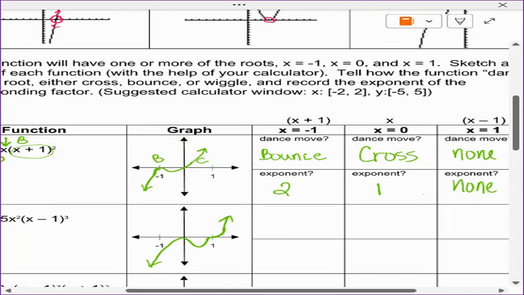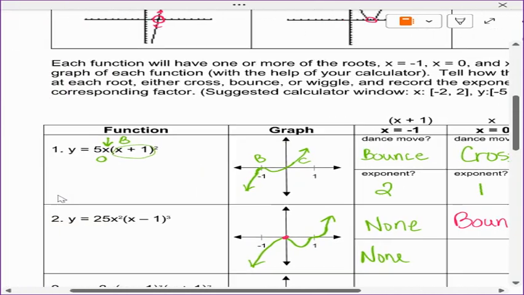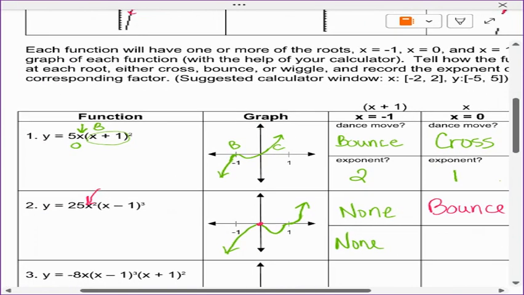So when x equals -1, when I look at my graph at -1, is it touching the x-axis at all? Is there anything happening? No, no move. None. What about when x is 0? What's happening there? It's a bounce. Why is that? Well, let's look at our equation. It's x squared.